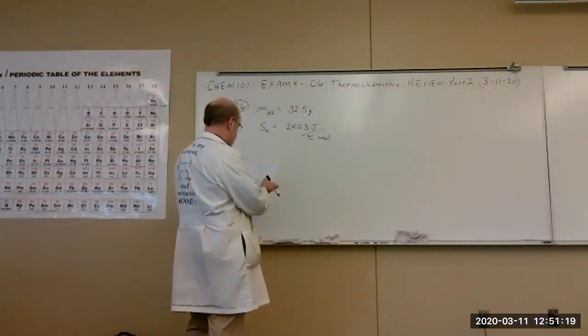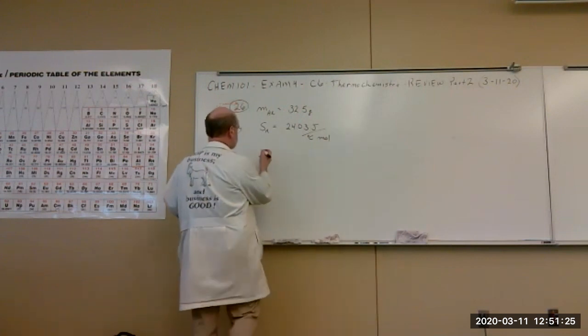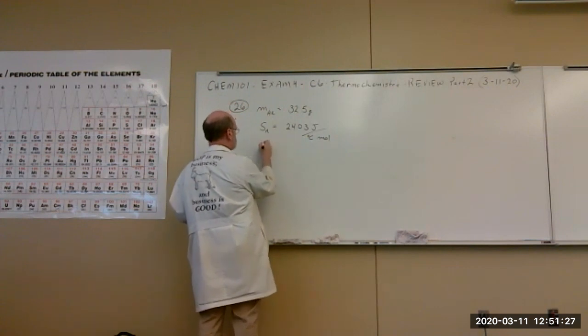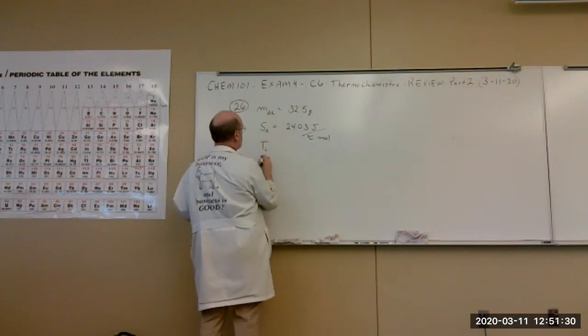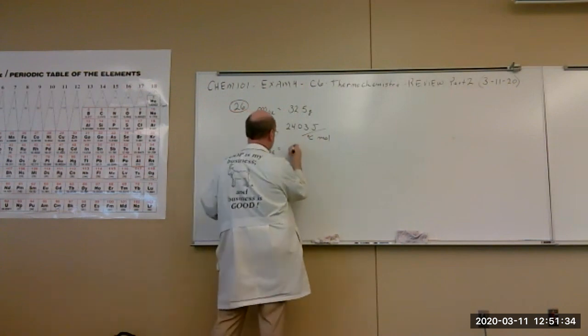Okay, let's see, where was I? Okay, and is heated to 82.4 degrees. So the initial temperature of the aluminum is 82.4 degrees.